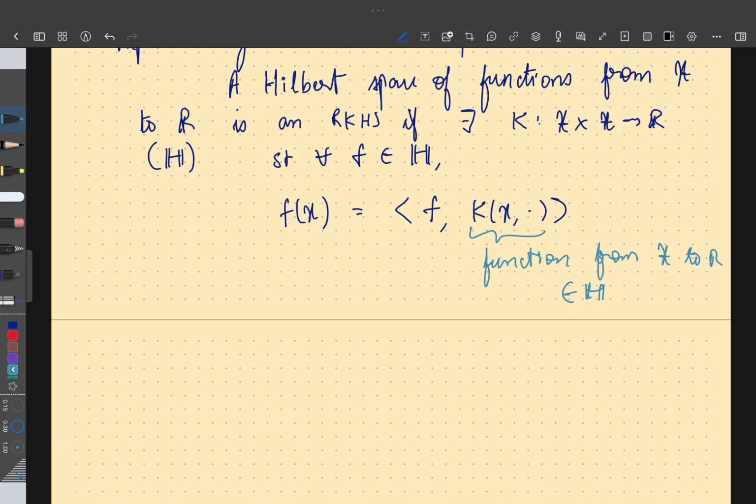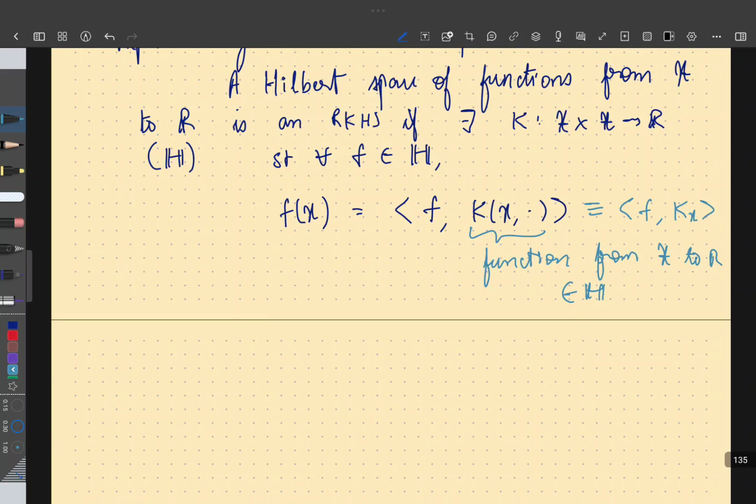So f of x can be obtained by an inner product between the vector f and this function k_x.